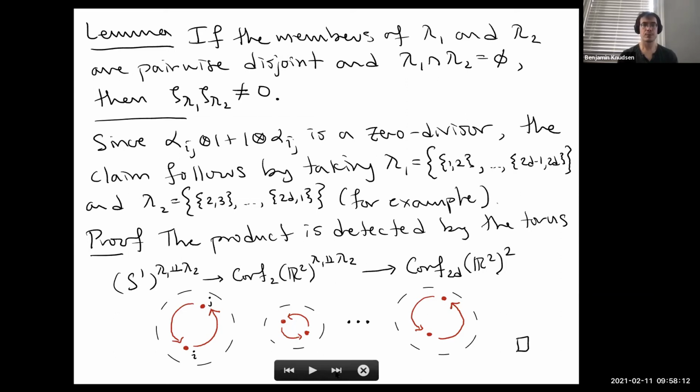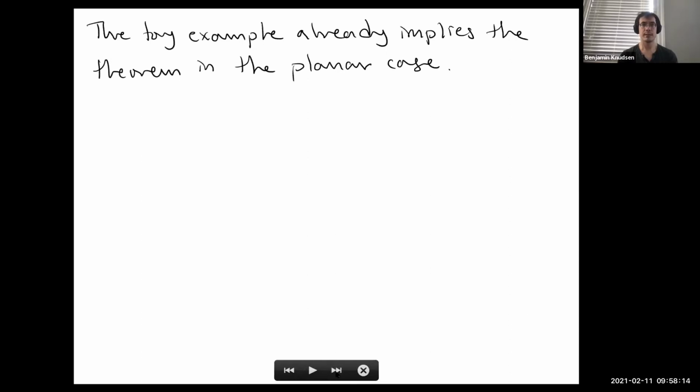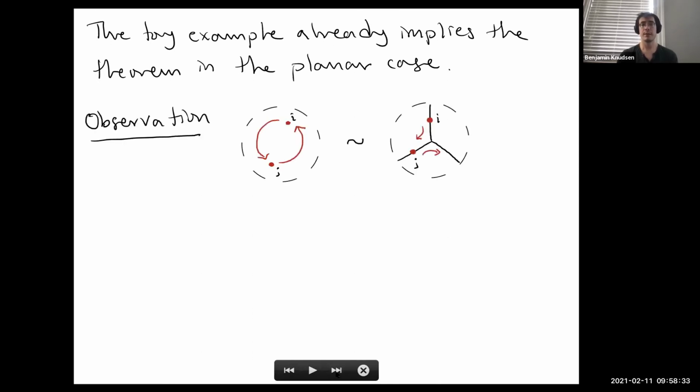So, moving on. Actually, this toy example, which only goes to give a bad bound for the TC of the configuration spaces of the plane, actually already proves the theorem in the planar case, the case of a planar graph, which already was not known. So the observation is that two different homology classes are the same.